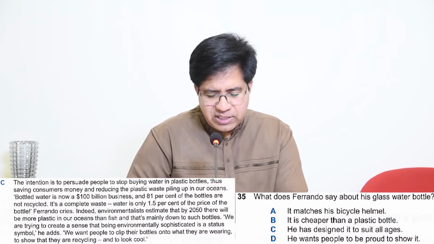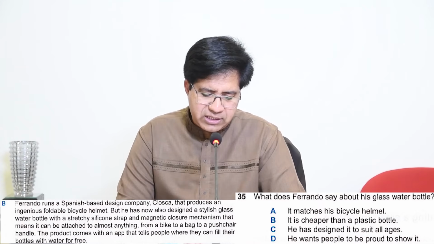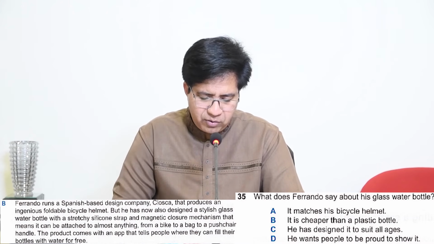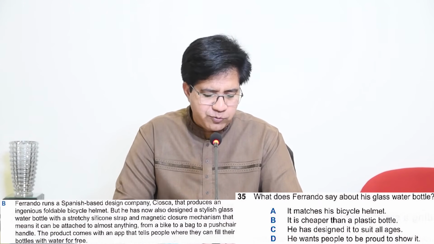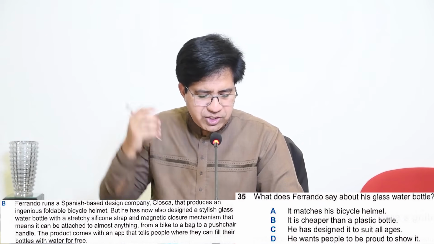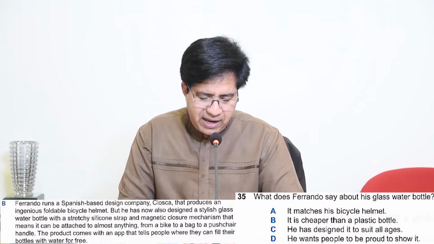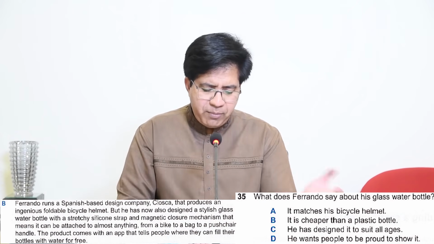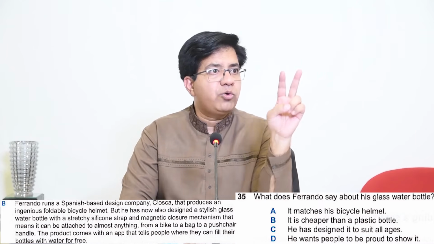Alright, Ferrando runs a Spanish-based design company, Closca, that produces an ingenious foldable bicycle helmet, okay, and then a stylish glass water bottle. Alright, we've got water bottle here. A stretchy silicone strap and magnetic closure mechanism, that means it can be attached to almost anything. Yeah, from a bike. Now please come here, because there are 2 things he invented.